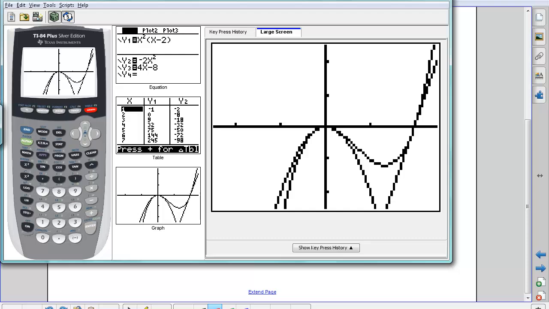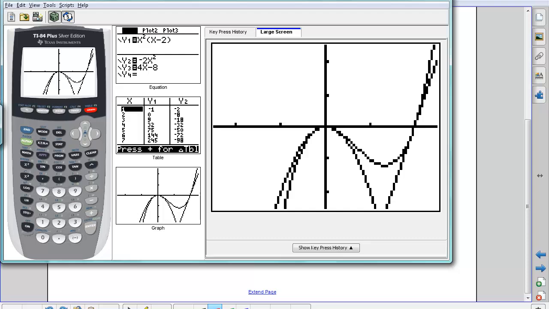So I've got my original function, then I've got these other two, negative 2x squared and 4x minus 8. Those are simpler polynomial functions that tell me what this graph's doing here. So at this x-intercept at 2, I know this graph behaves like 4x minus 8. What does that tell me? Well, it has a positive slope, right? 4x, 4 is the slope there. Positive slope means it's crossing from the bottom going up, increasing from left to right. On the same note, negative 2x squared, I know that since that's negative, that is upside down.